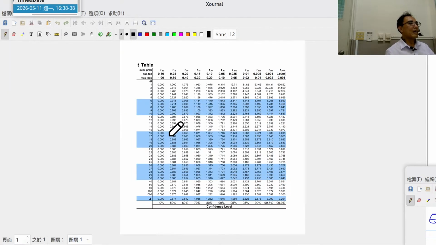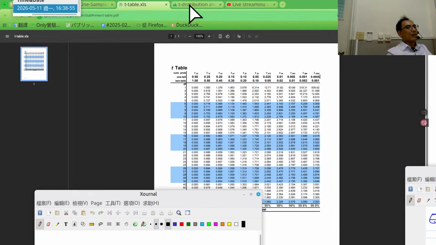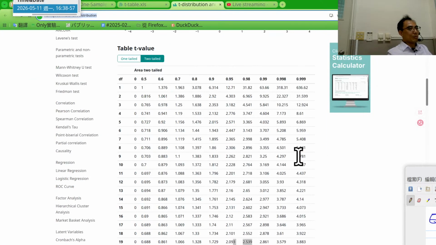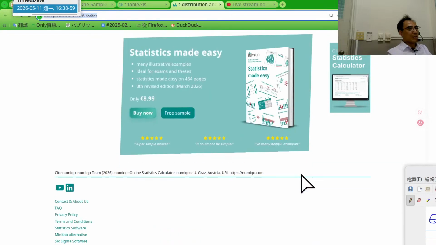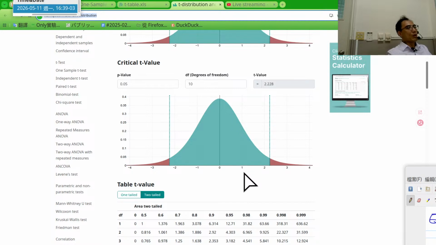Now, first of all, you can follow my steps. Turn on the table like this one, and now we can think one tail or two tails. What's the difference? Do you remember? For example, two tails: we just want to know whether the value is in the center or outside of the center.